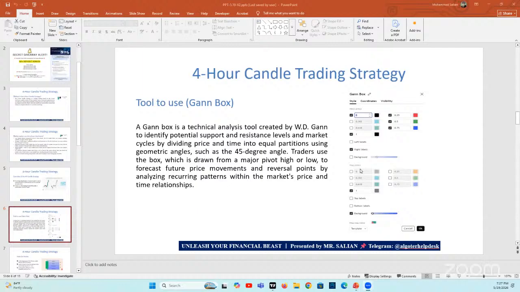You don't need the time levels, except this one, the number one, you need this one. All right, uncheck this, uncheck this. For the background also, you can adjust the opacity. It's all up to you. This is my settings, guys. I'm not saying everyone should do this, but if you want to use the same, it's all up to you. You can check it by yourself later on in your chart.